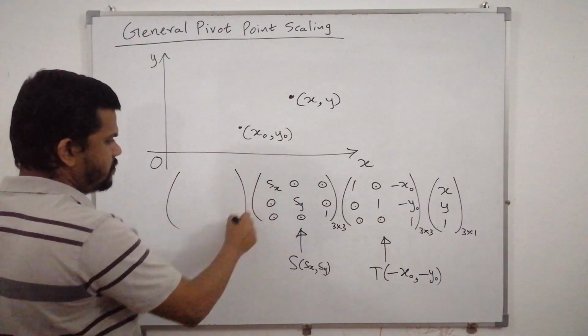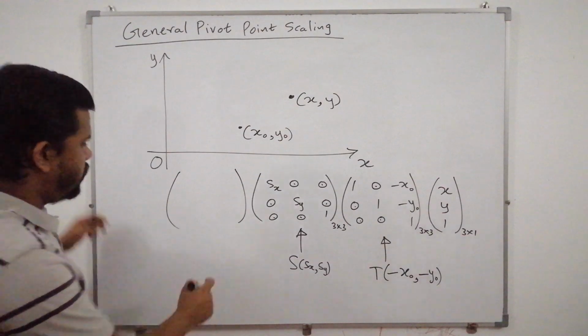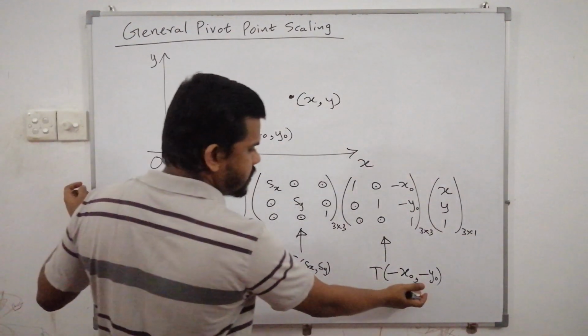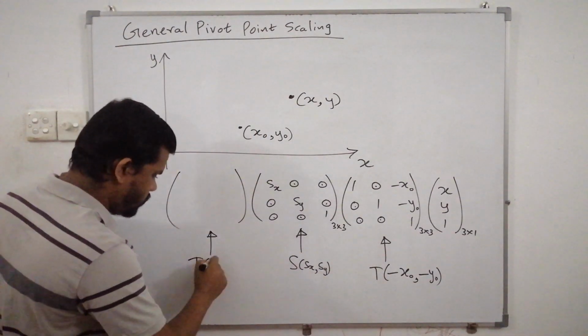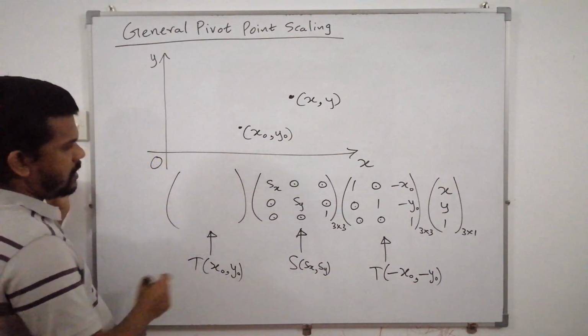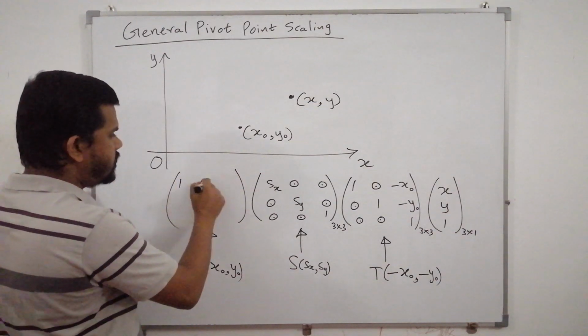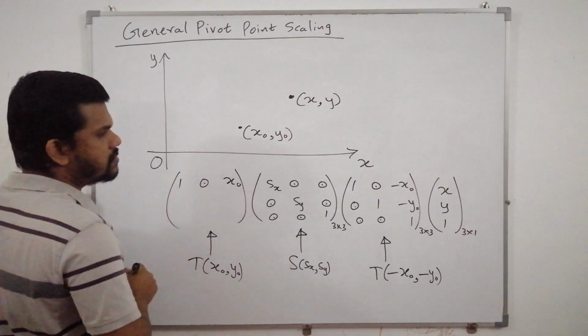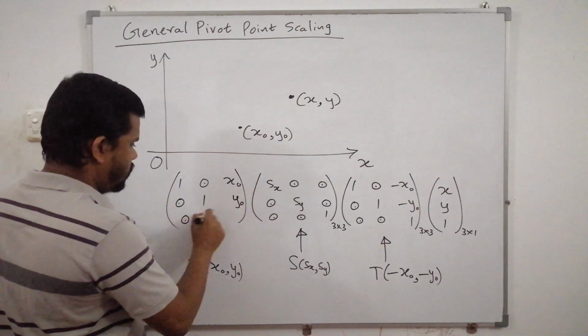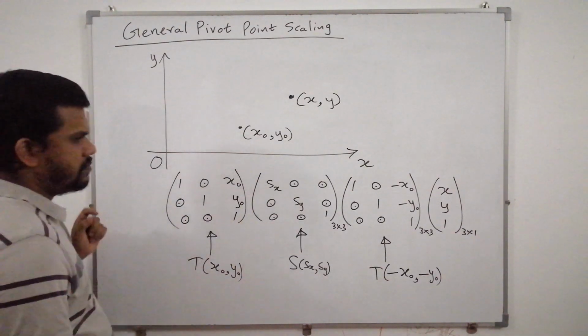After that, again we have to translate, the reverse process of this one. We perform x naught, y naught: 1 0 x naught, 0 1 y naught, 0 0 1.